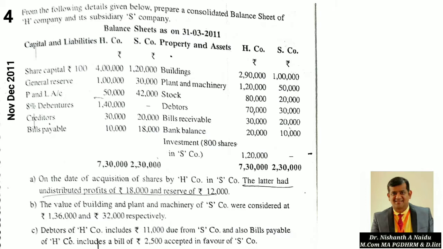Adjustment C says debtors of H company include rupees 11,000 due from S company, and also bills payable of H company include a bill of rupees 2,500 accepted in favor of S company limited. So by considering all these aspects, we are supposed to prepare a consolidated balance sheet.